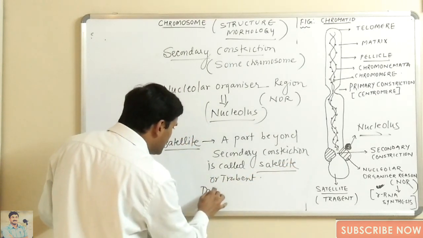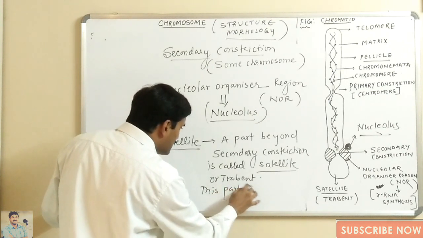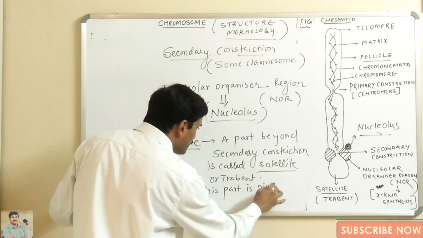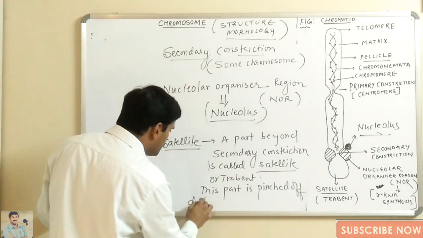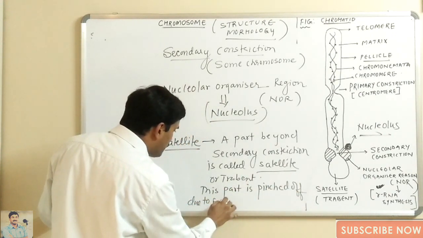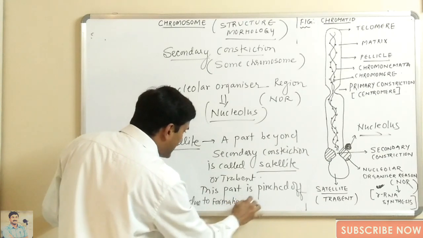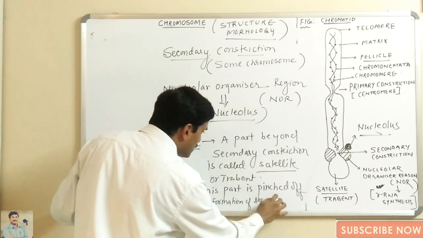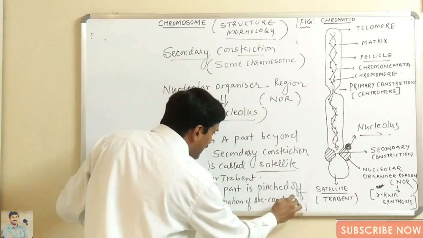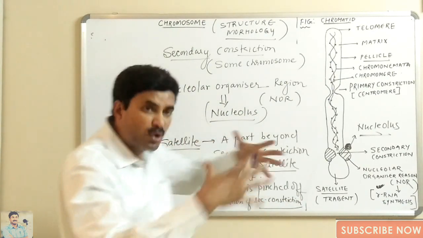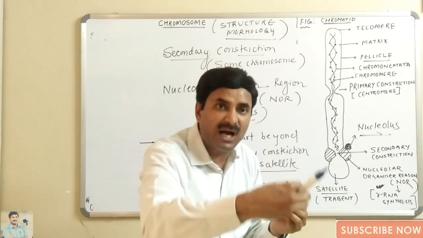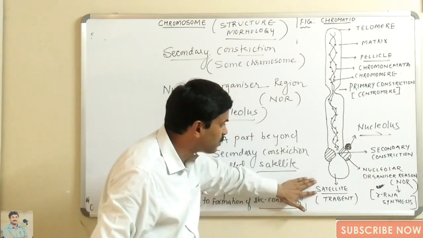Basically, this part is pinched off. This part is pinched off due to formation of secondary constriction. Okay, due to the pinching of the chromosome, a part comes out, and that part is called as what?